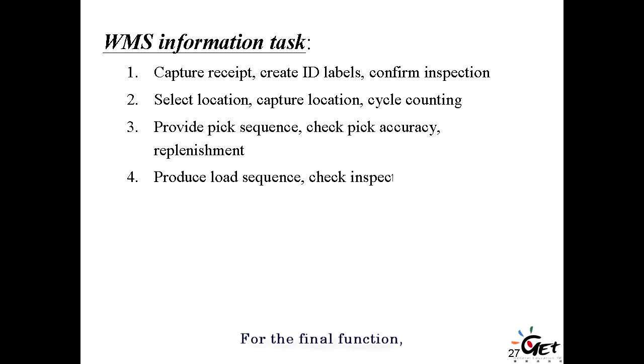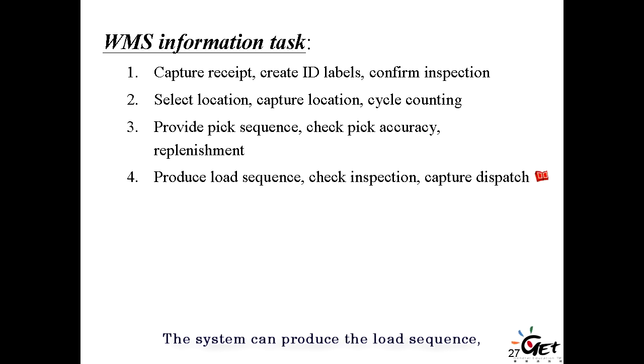Okay. And for the final functions, the system can produce the load sequence, because maybe these items will be sent to several retailers, right? We can put these items for different retailers in sequence according to their distance from our warehouse, right?